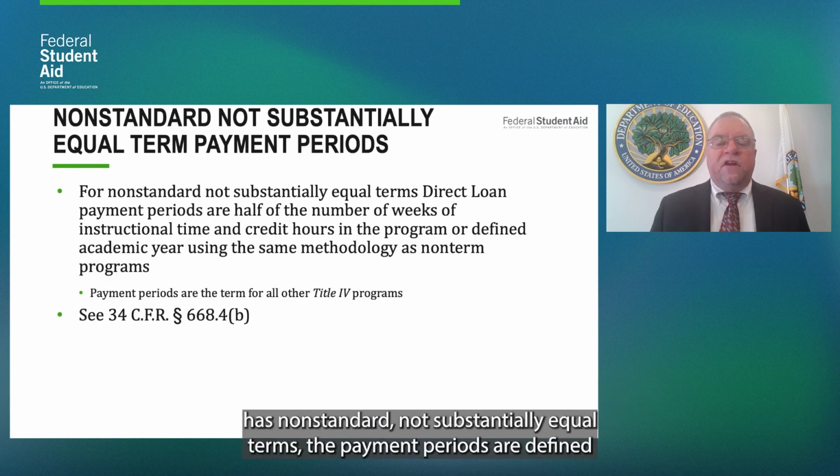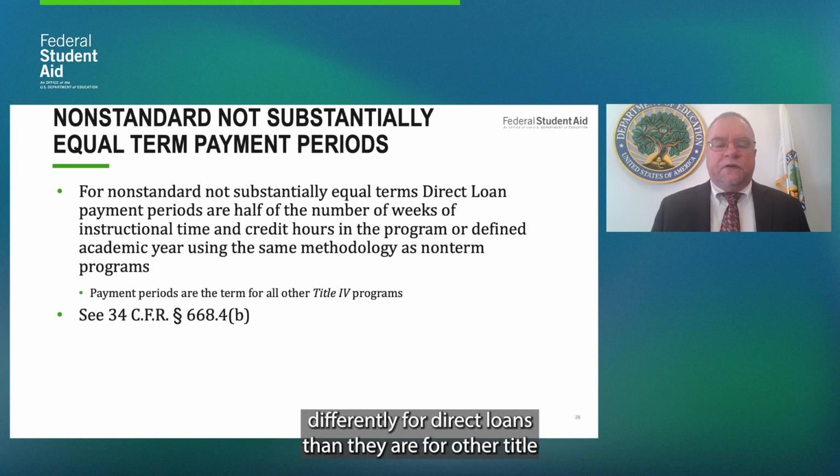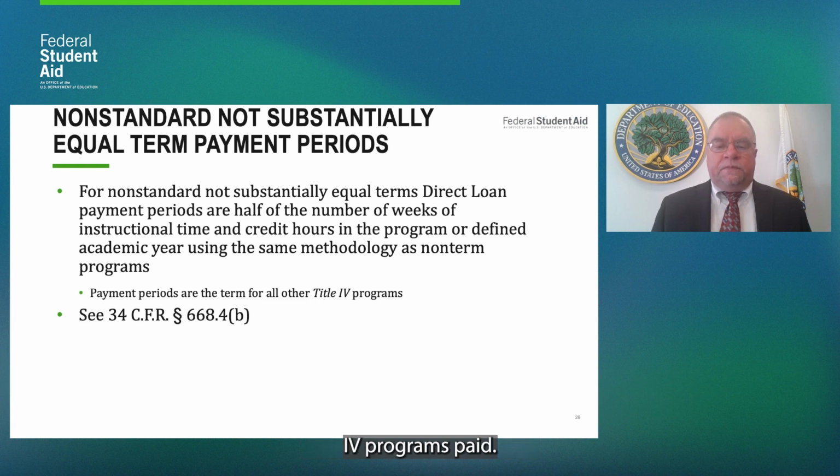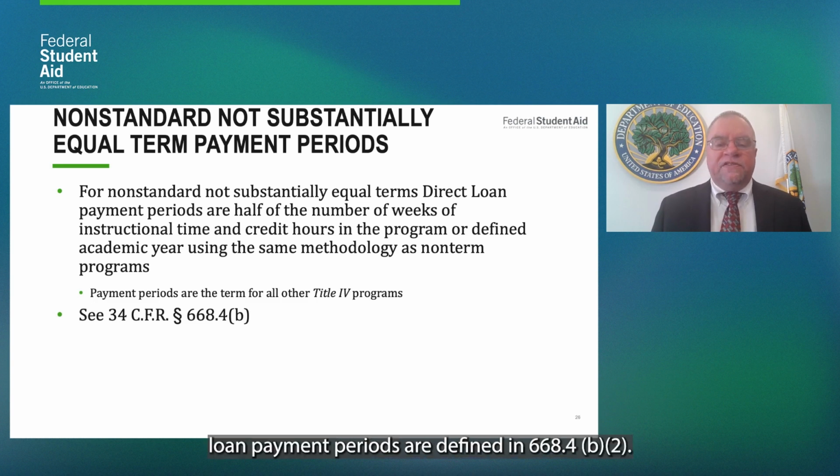When a program has non-standard, not substantially equal terms, the payment periods are defined differently for direct loans than they are for other Title IV programs. Pell Grant and other Title IV program payment periods are defined in Regulation 668.4(b)(1), and direct loan payment periods are defined in 668.4(b)(2).